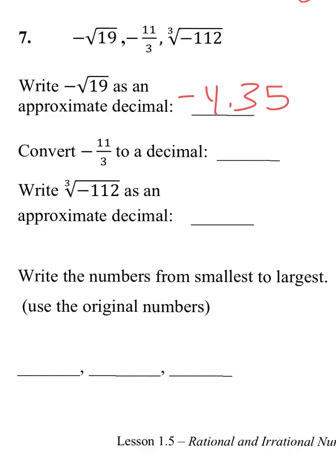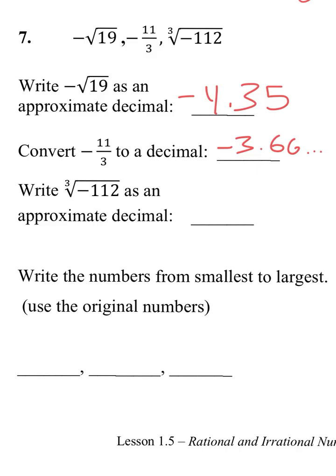Now, for the next one, it says convert negative 11 thirds to a decimal. So when you do that, you go 11 divided by 3, you actually end up with negative 3.66, repeating.